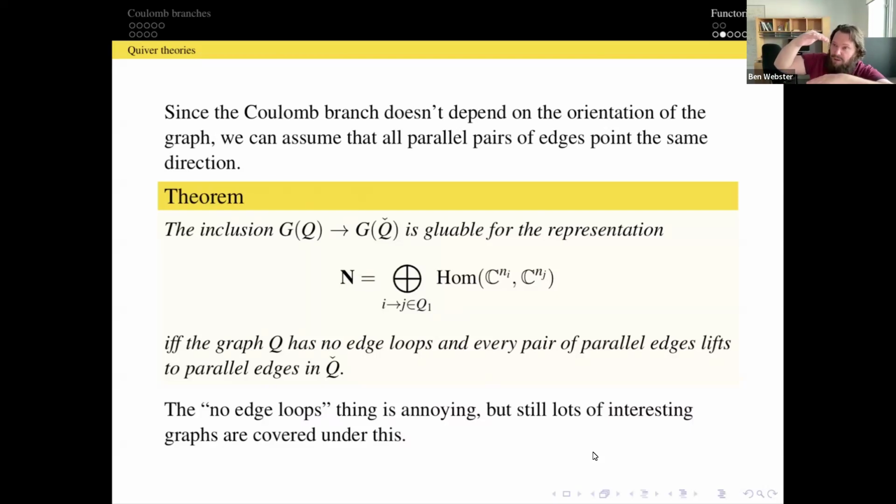That's a perfectly fine dismemberment, but it's not going to satisfy the hypotheses. I should probably mention here, I don't really think these hypotheses are necessary, but we haven't quite figured out how to get rid of them. Particularly the no edge loops condition is annoying because edge loops are important, but lots of interesting graphs are covered.